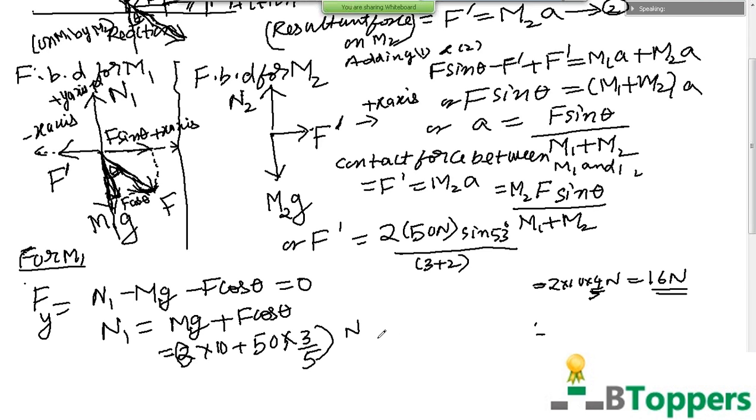So the magnitude of the normal reaction force on M1 by the floor is 30 plus 30, 60 newton. So this is the answer for the second part of the question, whereas the earlier one is the answer for the first part.